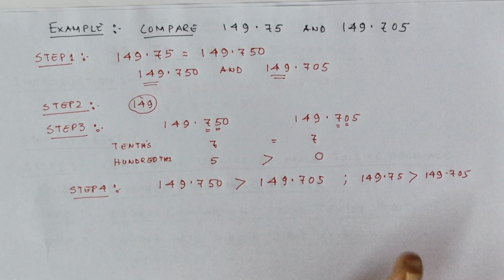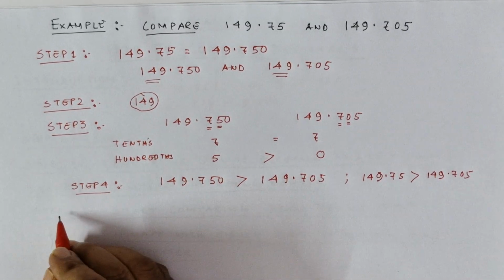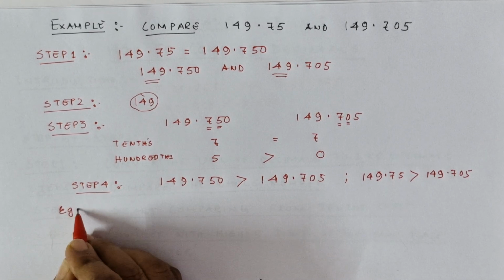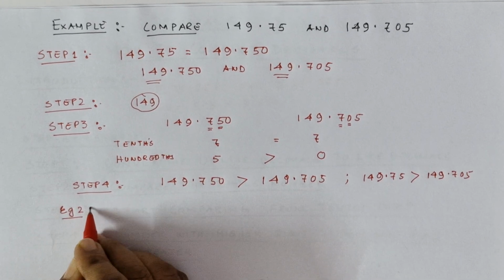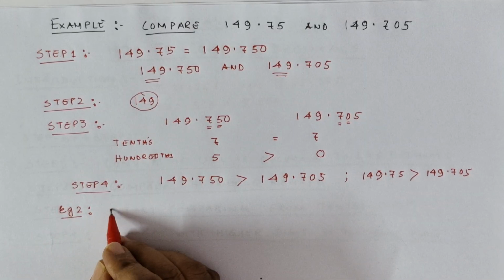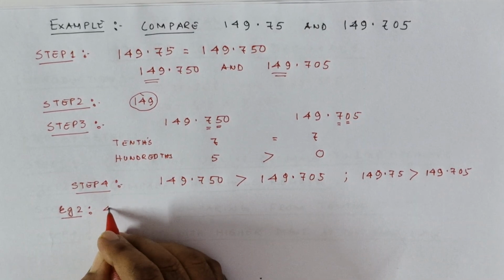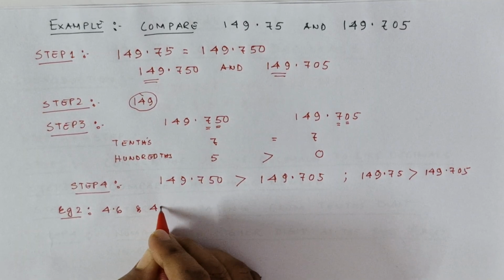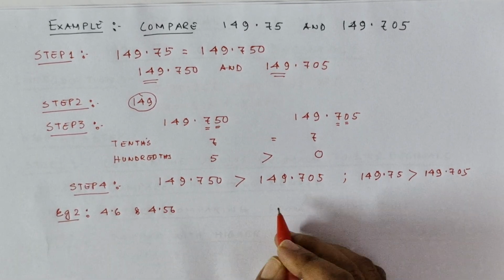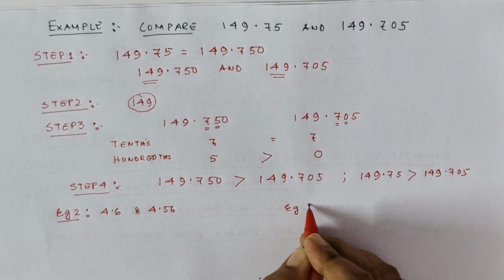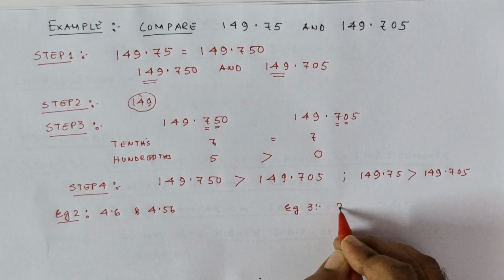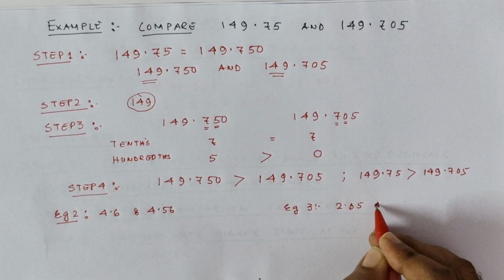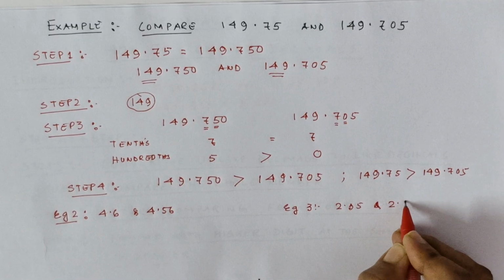I'll give you a few examples. You can pause the video and try them at home. Example 2: 4.6 and 4.56. Example 3: 2.35 and 2.4.